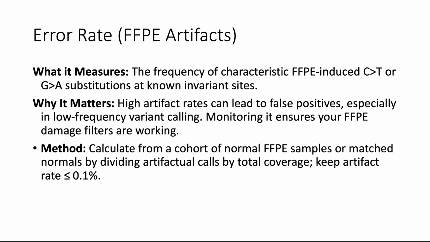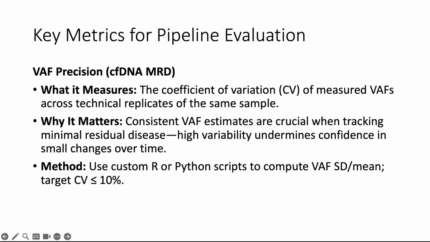Also, we can monitor specific artifacts which correspond to our sample if we have a list of known invariant sites for this sample. We can use it to monitor the error rate in reading this variant.